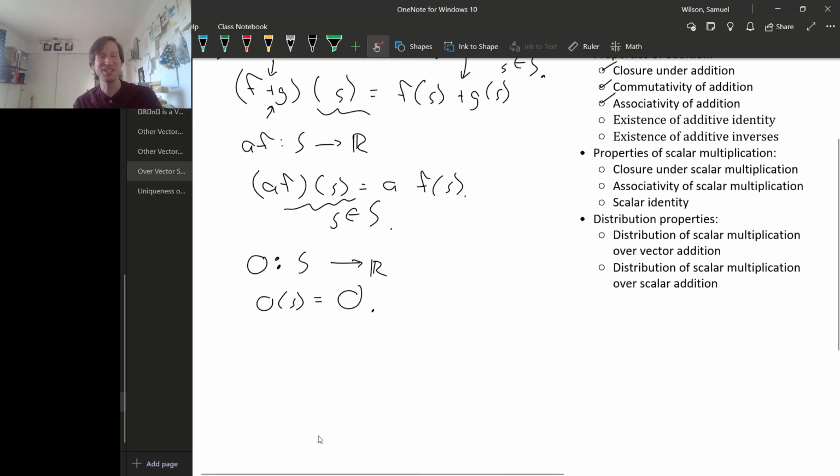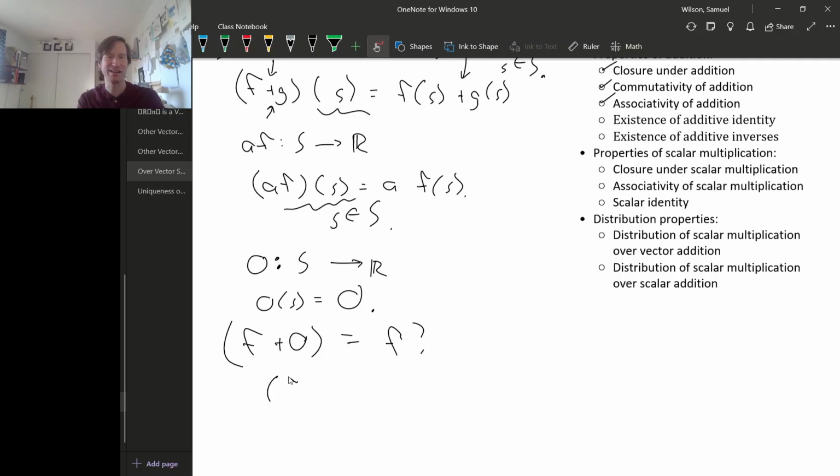So with this definition, if we take any function and add the zero function, is that the original function? Well, we can check. Take this sum, evaluate at little s, so here little s is in big S. What is that? Well, by definition, that's f of s plus 0 of s, but 0 of s is 0, and f of s plus 0 is f of s.